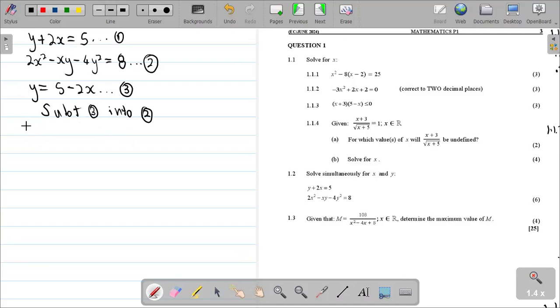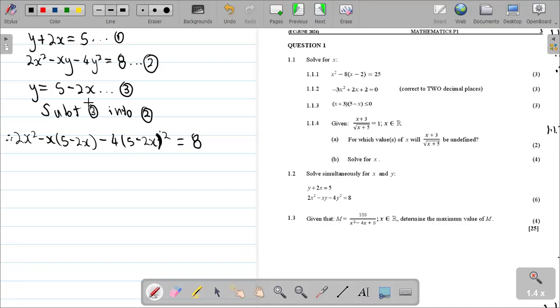So it means, therefore, 2x squared minus x into (5 minus 2x), and then minus 4, and then (5 minus 2x) squared. Yeah, squared. There should be a bracket there.